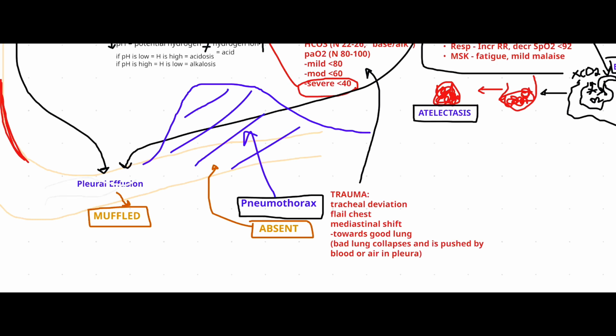You're going to see a mediastinal shift. Now, you can't see this with your naked eye. This is through an x-ray, because the mediastinum is that middle part where the heart is. So in the x-ray, you're going to see it shift, because the lung is pushed to the good side because the bad side is being occupied by blood or air in the pleura, okay?